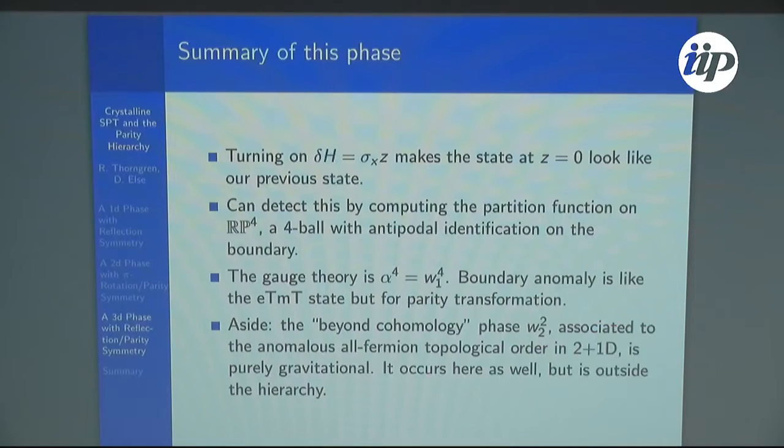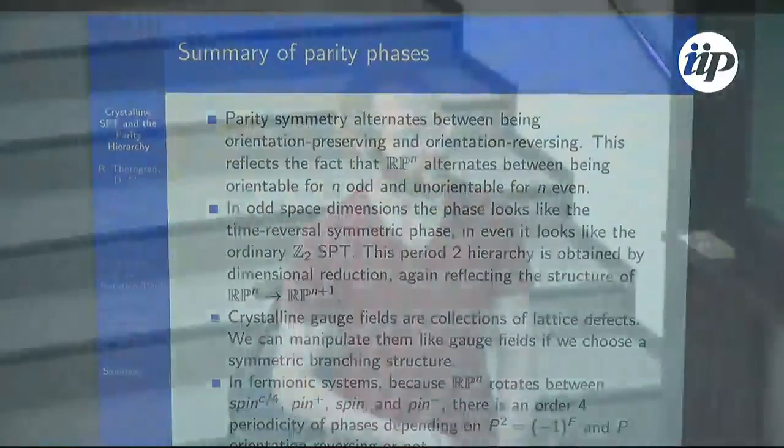There's a maybe unrelated time reversal symmetric phase, which could appear here too, but it doesn't appear because it's just about gravity, it's about backgrounds, it's not about symmetries. Anyway, this is a summary of all the parity phases. So parity symmetry alternates between being orientation preserving and orientation reversing.